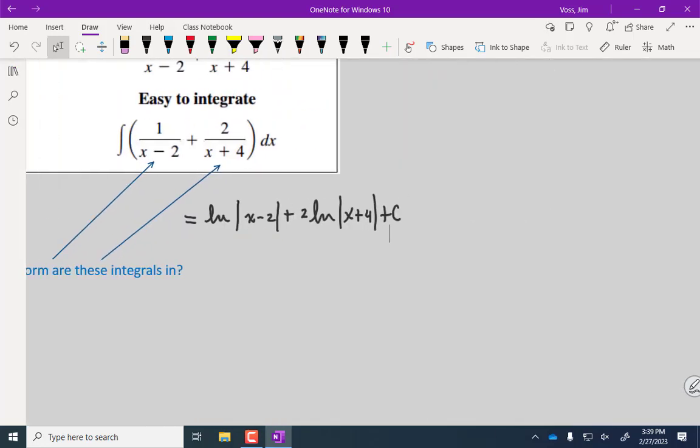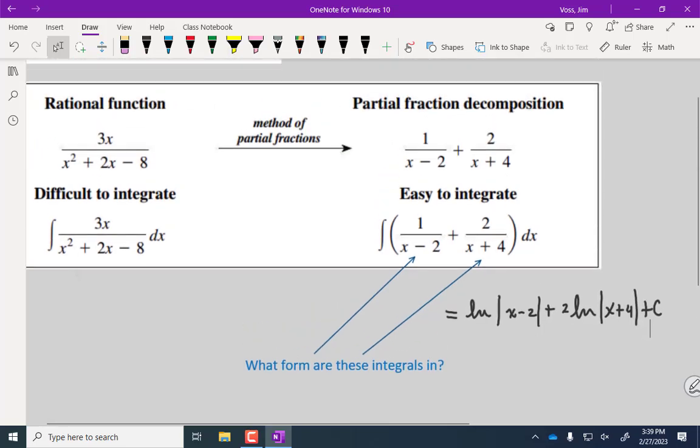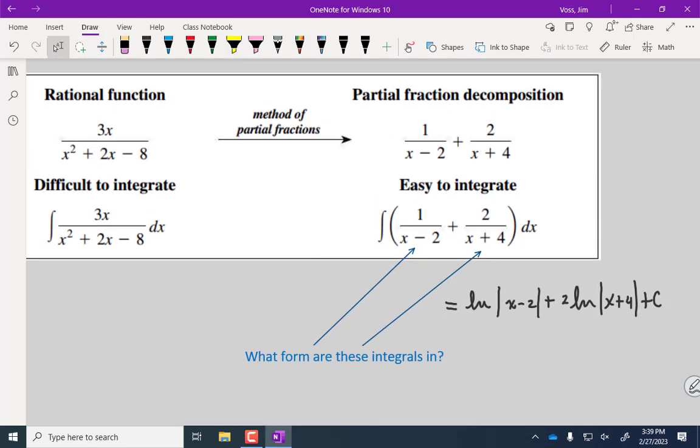Notice that the factorization of this denominator is what creates each of the partial fractions. Right? The factorization of this polynomial is x minus 2 times x plus 4. Right? That's what this factors into.